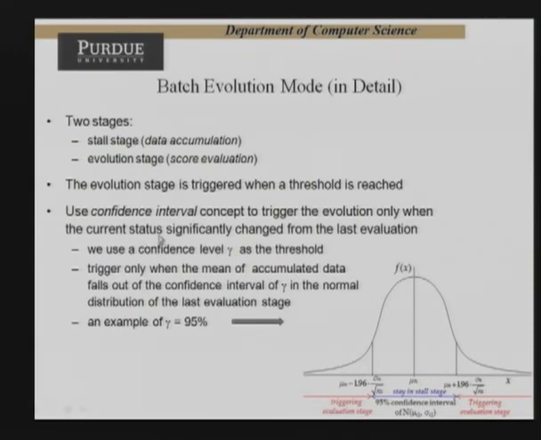This uses the same statistical model we used for data similarity and provenance similarity. One advantage of this approach is that we conduct the evolution stage only when the current sensor network state has changed significantly from the last evolution.